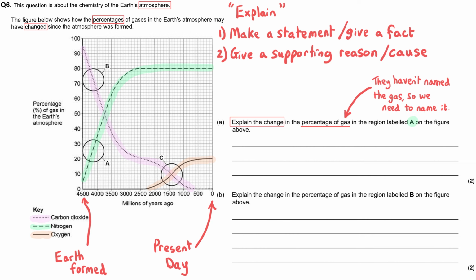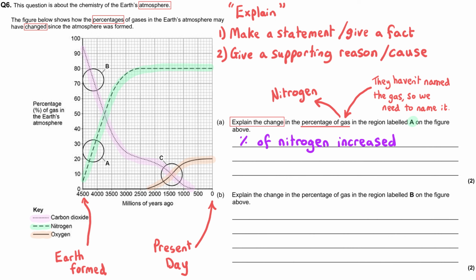And so we need to find the region labelled A. And inside that region labelled A, we've got the dashed line. So that means we're talking about nitrogen. And so in terms of an explanation, the change first and foremost is, well, this value is going up. So the percentage of nitrogen was increasing. Don't get bogged down by actually quoting values. Just simply say the percentage was increasing.